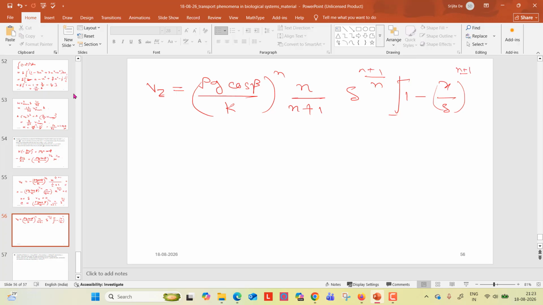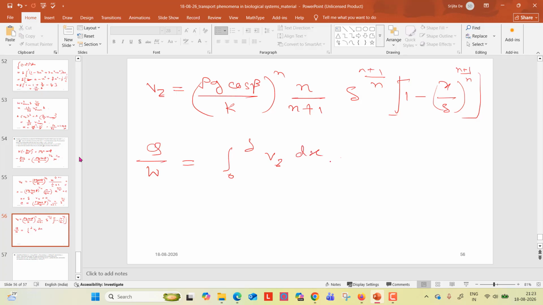Okay. Now for volumetric flow rate, you have to multiply this with the area, but if you take Q by W, it will be just the integral from 0 to delta of Vz dx.